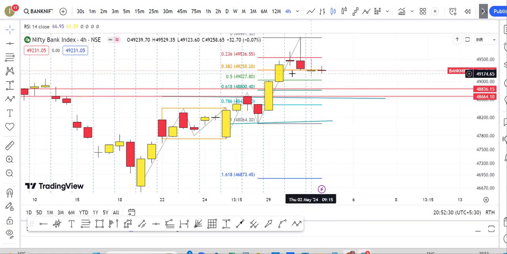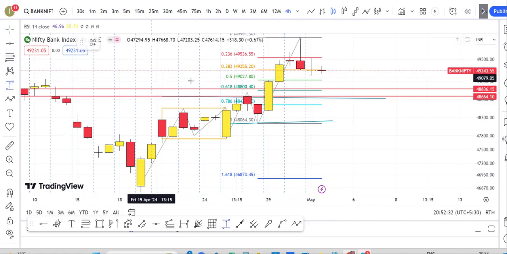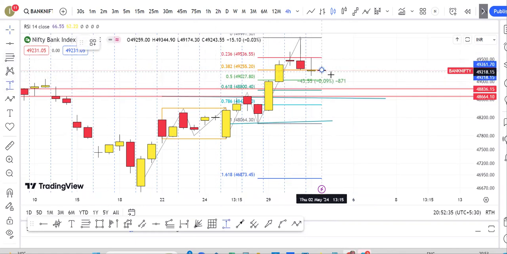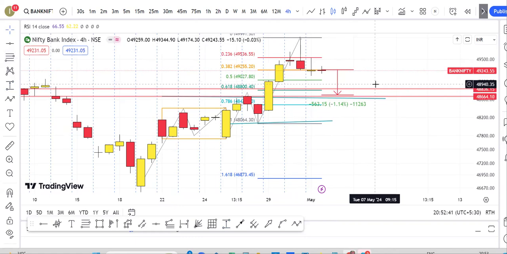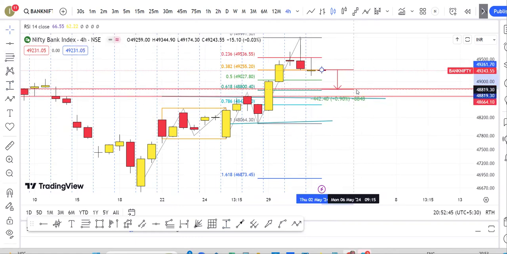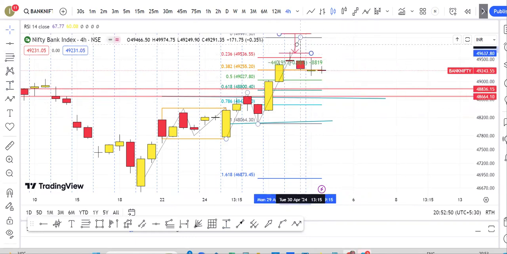So, what is the range from here to here? It is 355 to 500 points. So you are getting maximum, you think it is 355 points. From here to here, how much has it corrected? 500.